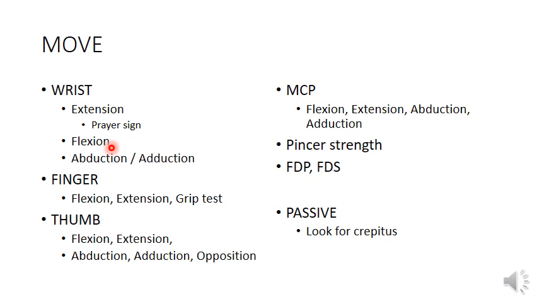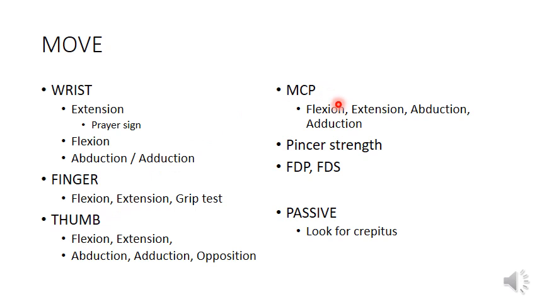Ask the person to do wrist abduction and adduction to check if they are normal. Assess the movement of the fingers by flexion, extension, and grip test. In the thumb, look for flexion, extension, abduction, adduction, and opposition.